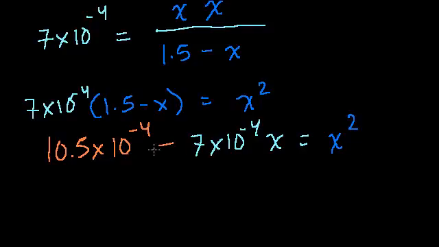This looks complicated, but it's just a quadratic equation, and there are many videos on that. Let's throw all of this onto the right-hand side, because I like having a positive coefficient here.